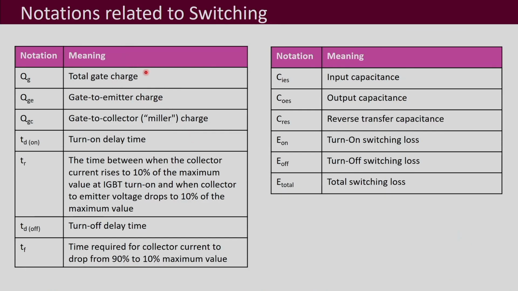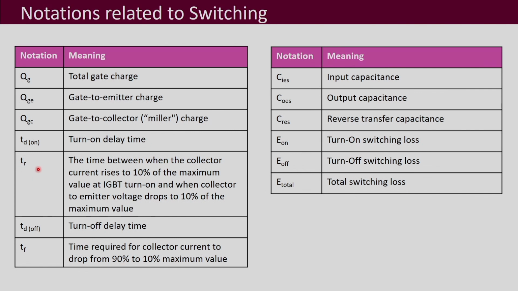Then notations related to switching, I have shown this before in the last lecture also. This is just for the sake of completion, I wanted to show you again that your total gate charge, then gate to emitter charge is provided in the data sheets, then gate to collector, so Miller charge, then your turn on delay time, what it is we have seen during the study of the switching characteristics.